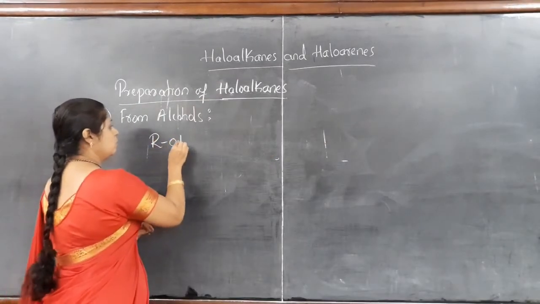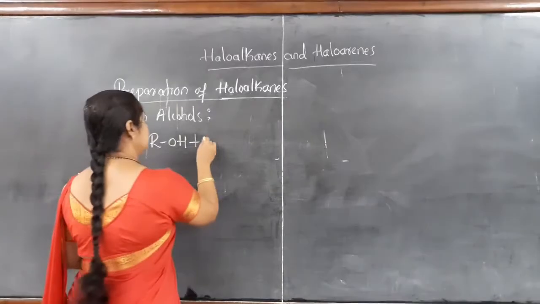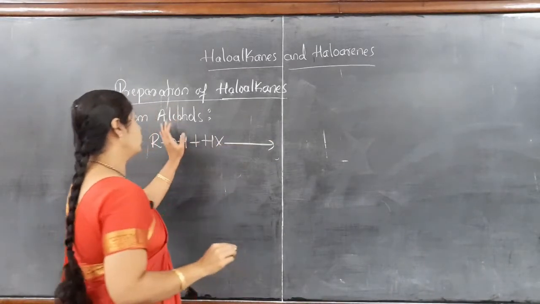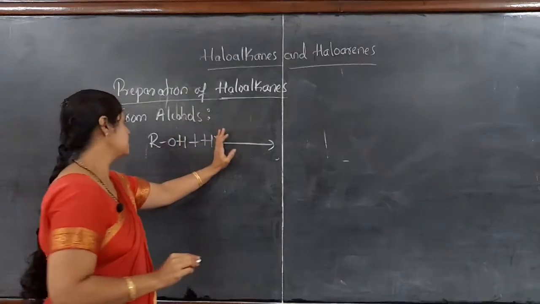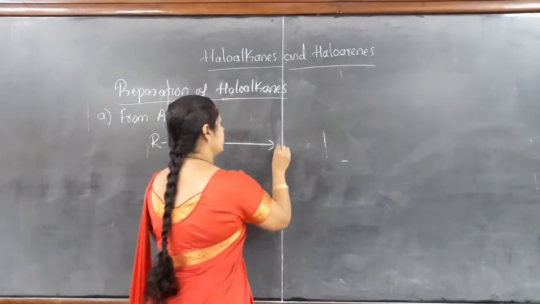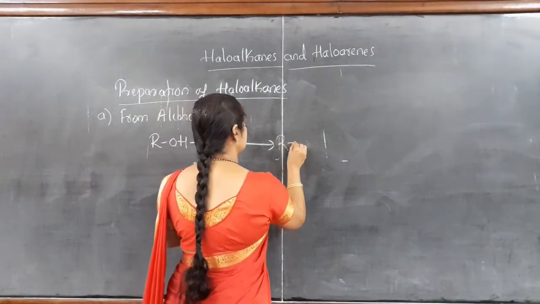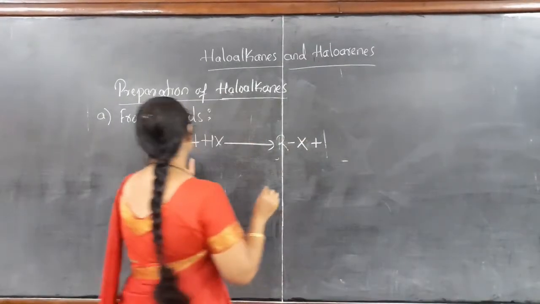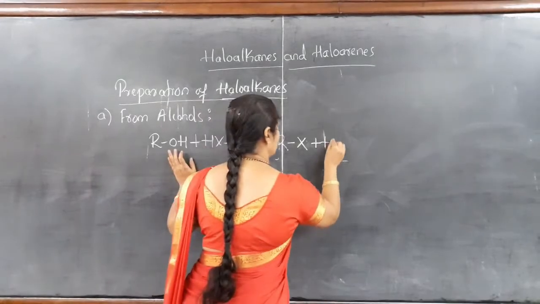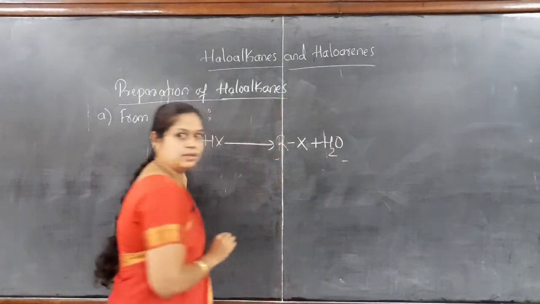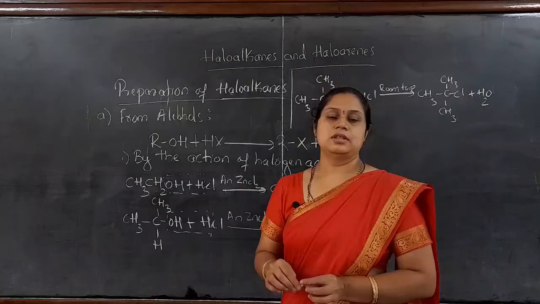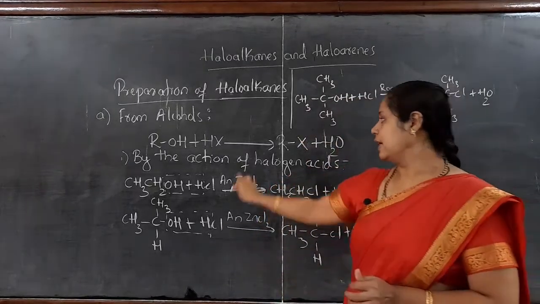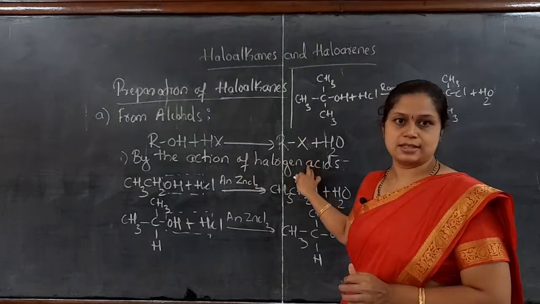When an alcohol reacts with the halogen acid, the OH is replaced by the halogen and we get the haloalkane, and water is formed, which is the leaving group here. Haloalkanes can be prepared from alcohols by the action of halogen acids.